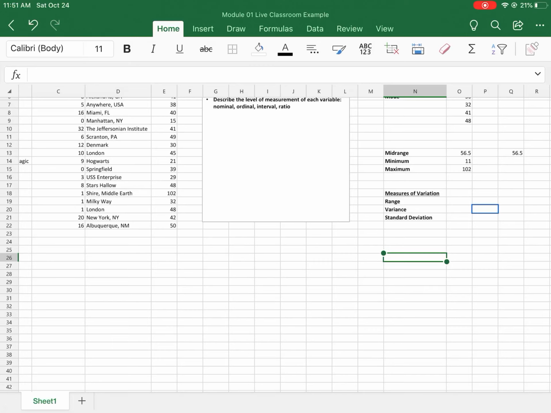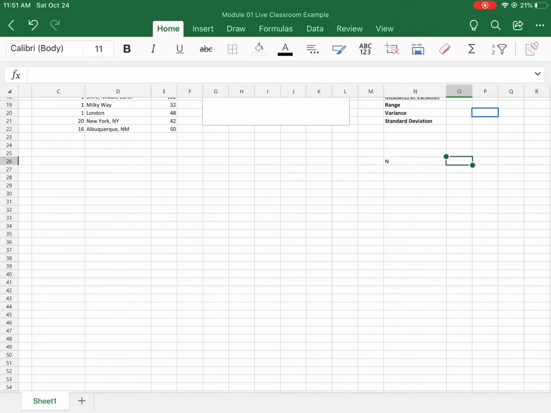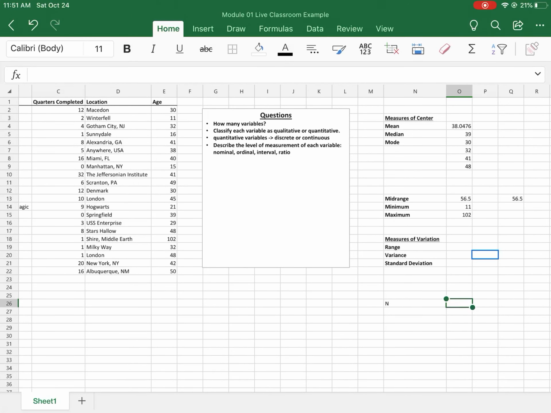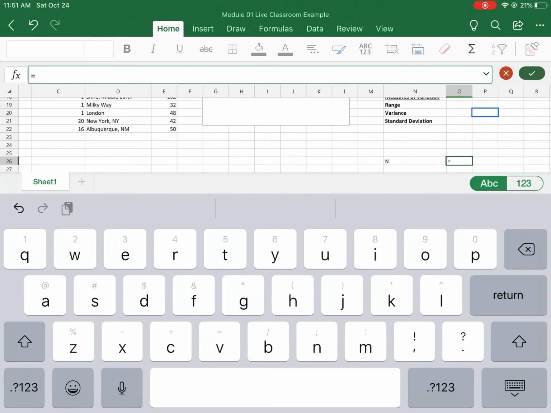One thing that's not on here, before I do the next one, I want to show you. I'll just say, so n. So that's, let's say I want to know how many numbers are in my data set. Okay. So what you can do, because this is going to be important later on, we'll have to know, and again, I don't want to necessarily count all my data. If you want to know, well, how many things am I sampling?